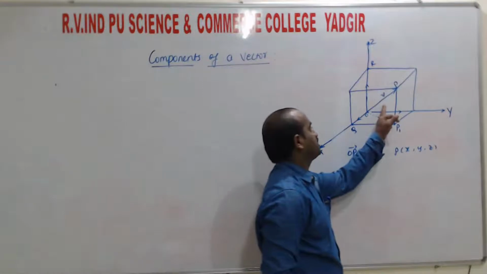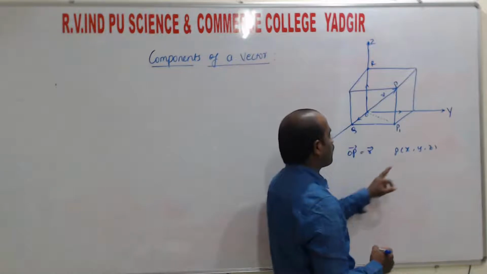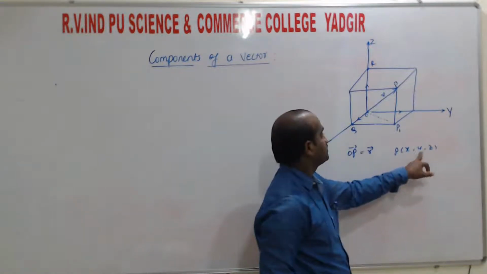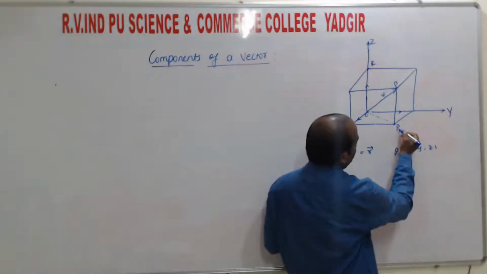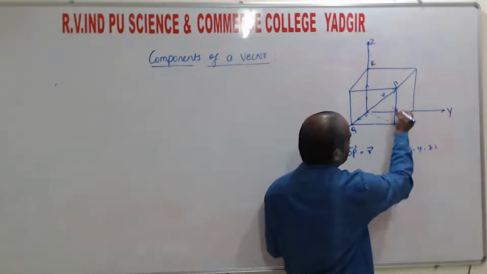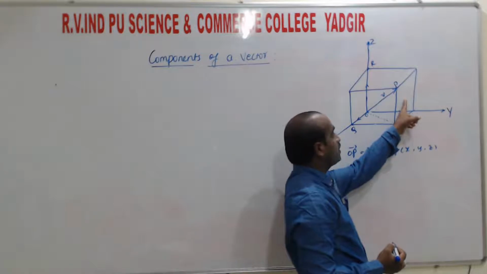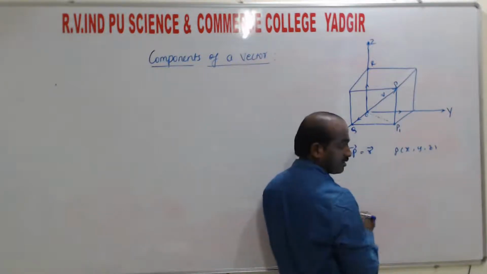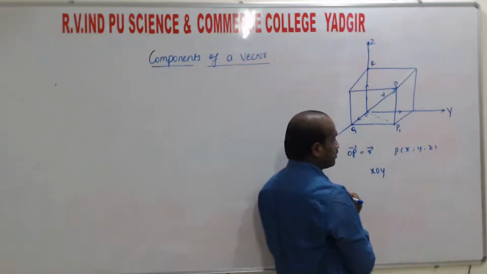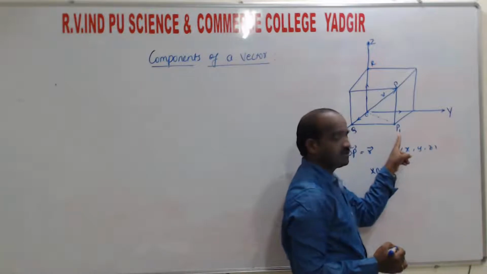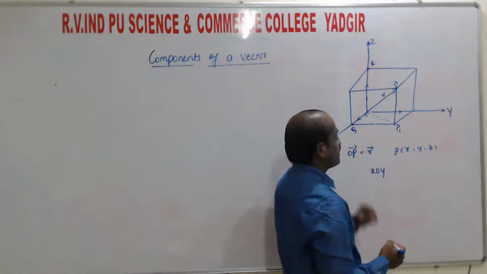Consider a position vector OP, vector R, of the point P of x, y, z. Next, we have to consider that P1 is the foot of the perpendicular from the point P onto the plane xy.